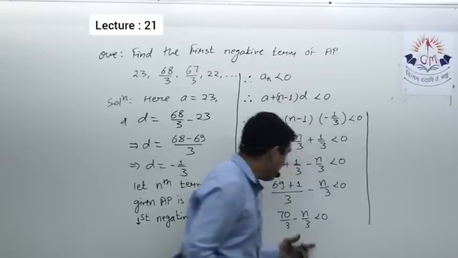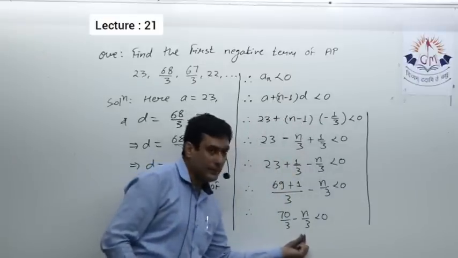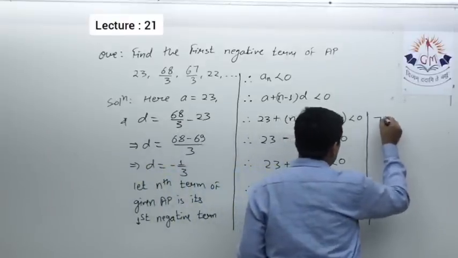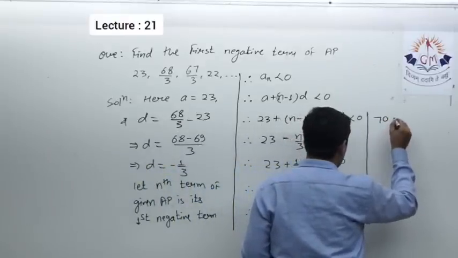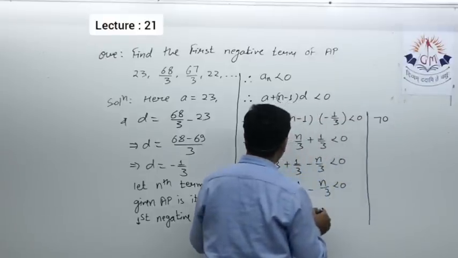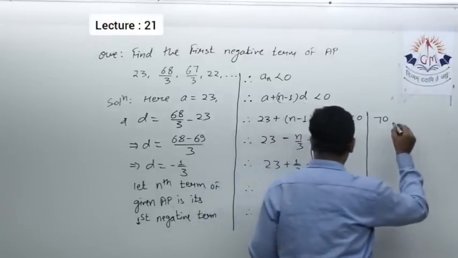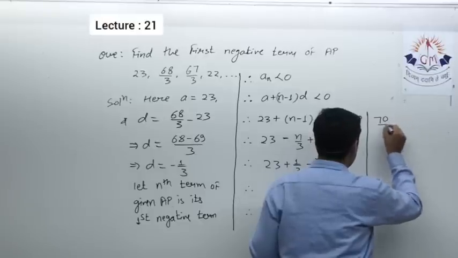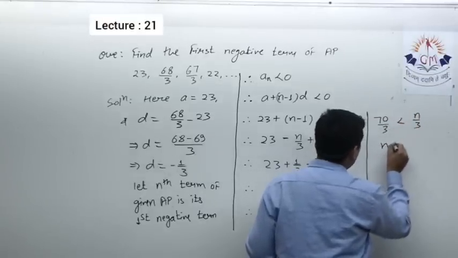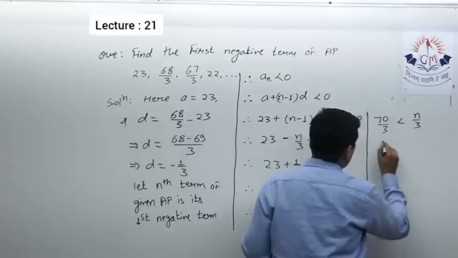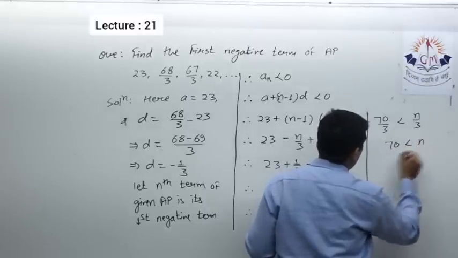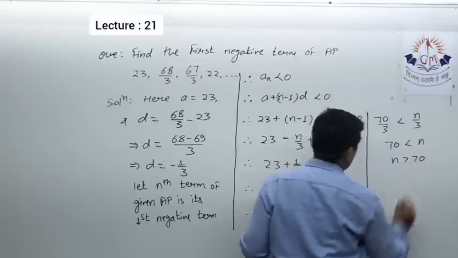Okay, now as I told you, there are two ways. If I take this n by 3 on that side, then n is greater than 70, or n is greater than 70.